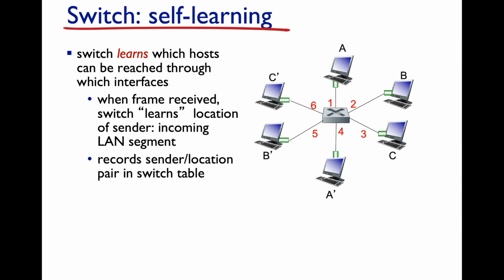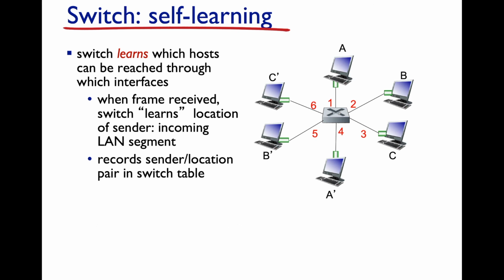So a switch does what's called self-learning. The switch learns which hosts can be reached through which interfaces based on the source MAC address of the frame that made ingress to the switch device. When the frame is received by the switch, it writes down the port on which that frame was received, as well as the source MAC address.